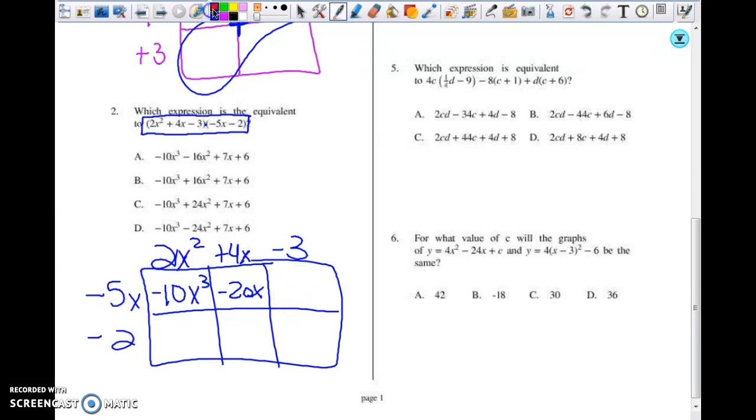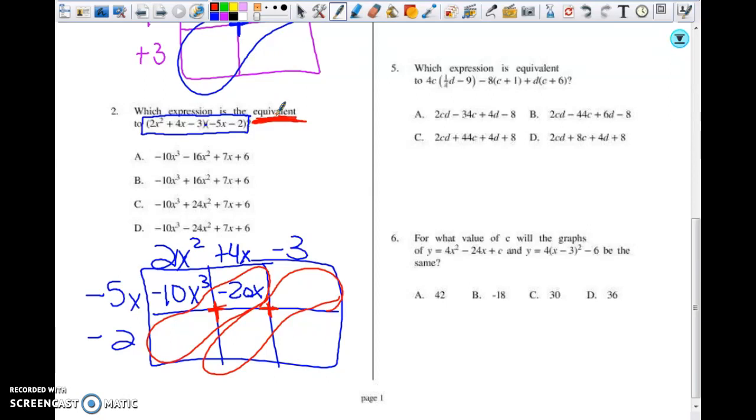So once you finish the box, if you're doing this by hand, do not forget, the box reminds you to do what to the diagonals, except this time, how many do you have? You have 2 of them, so you're going to have to add up these and these, okay? So that's if you're doing it by hand. For those of you not doing it by hand, you already know this can be done in the calculator, because we know when something is equal, they're equivalent, they're going to look the same, just like number 1.